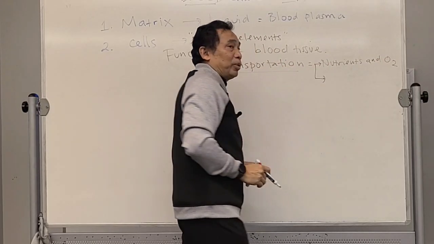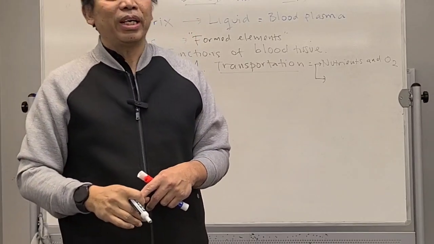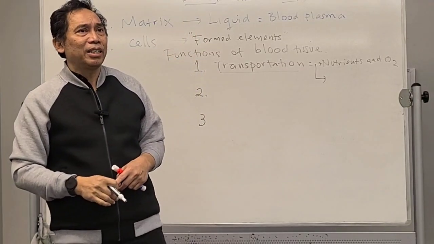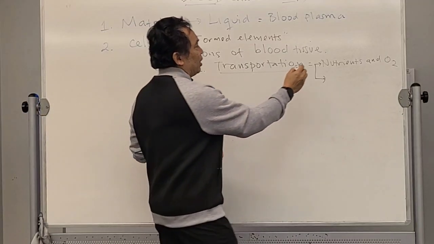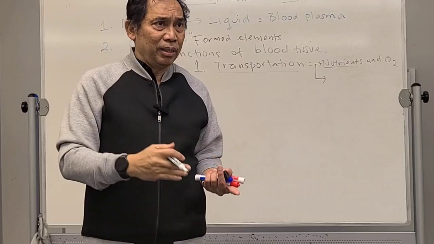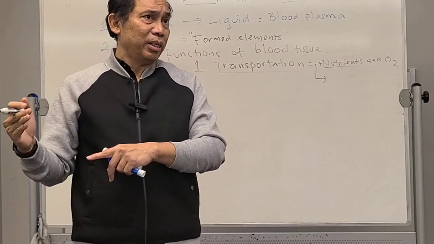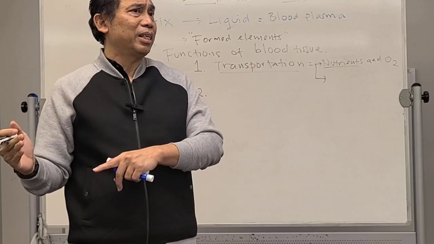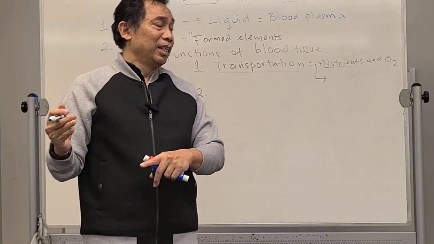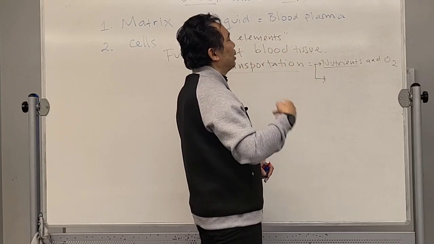It is transporting a lot of nutrients like glucose, proteins, amino acids. Those are nutrients that will be transported by blood from one tissue or cell to another cell or tissue, from one organ to another organ. That's the nutrients, glucose, hormones, etc.